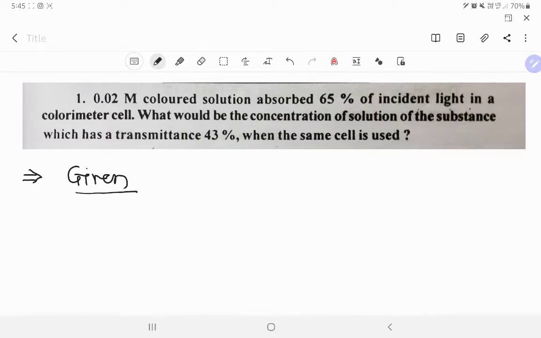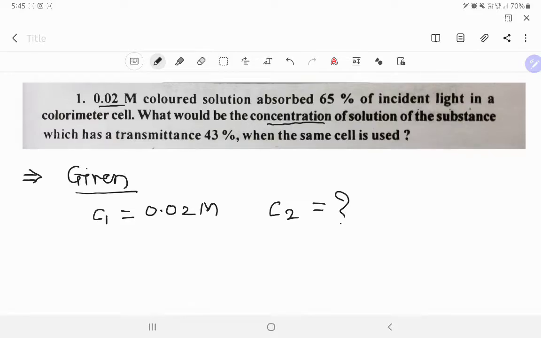We require two different concentrations. One concentration is given. We have to determine another concentration. Means C1 is given as 0.02 molar and you have to determine another concentration C2.